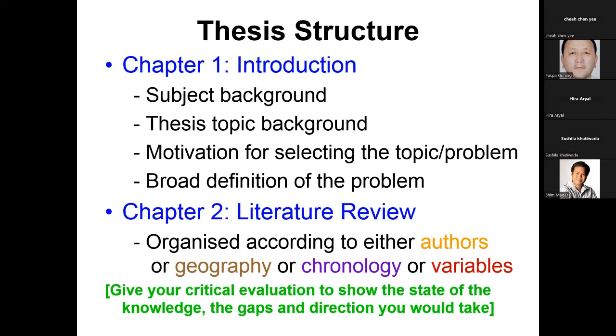Then chapter one, introduction: subject background, thesis topic background, motivation for selecting the topic or the problems, broad definitions of the problem, related with the introduction chapter. Sometimes we have seen that in some universities, like Delhi University or Jawaharlal Nehru University, literature review comes under the introduction part, that is, chapter one.